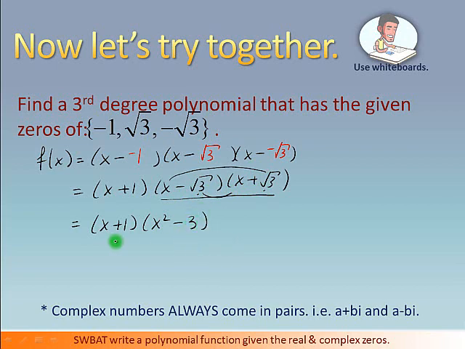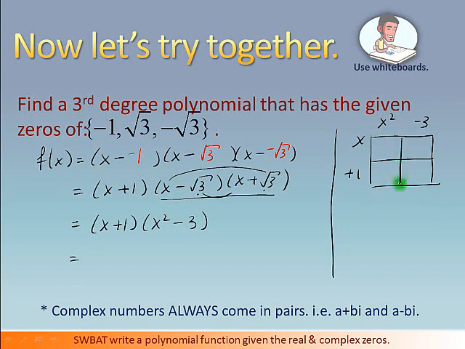Continue to multiply. On this one I'll use the box method, or the window or the Punnett square. So x plus 1, x squared minus 3. Draw my box. Then I'm going to multiply to get each box here: x to the 3rd, minus 3x, x squared, and then minus 3.